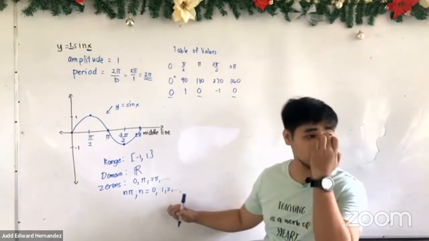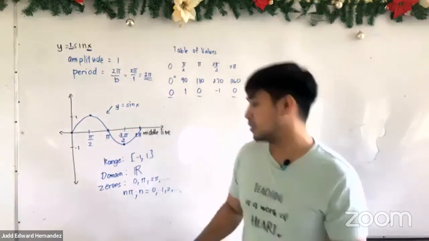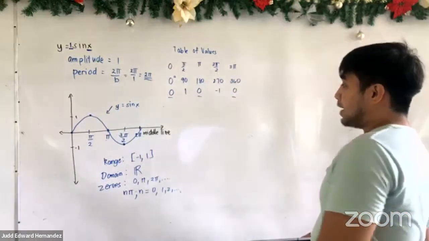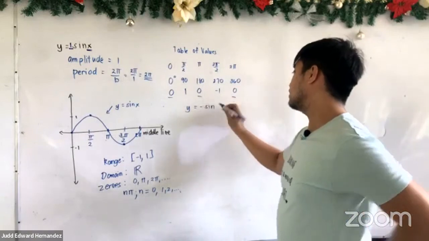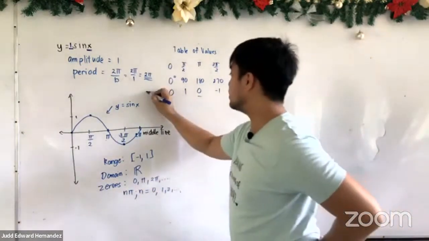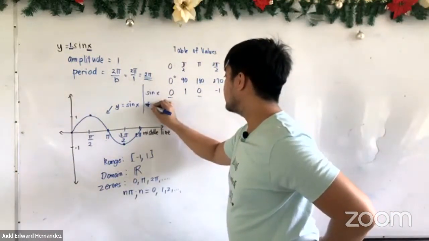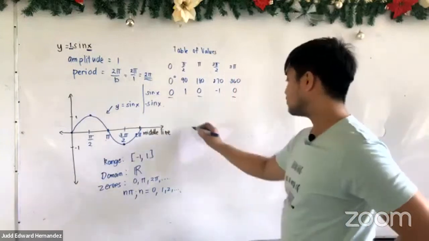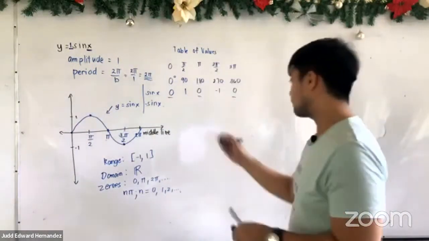Is this clear po? Yes po. What if we're now given y is equal to negative sin x? Pababa ko ng konti para dito na lang natin siya ilalagay. So this is it for sin x. Maglagay naman tayo ng for negative sin x, para mas madali nyo siyang ma-intindihan.